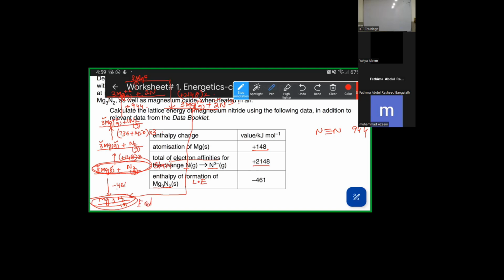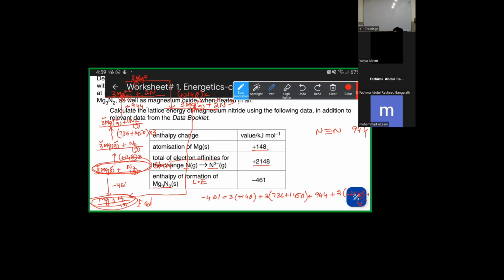From start to end you got minus 461, that is equal to 3 times plus 148, plus 3 times 736 plus 1450, plus 944, plus 2 times plus 2148, and plus lattice energy.